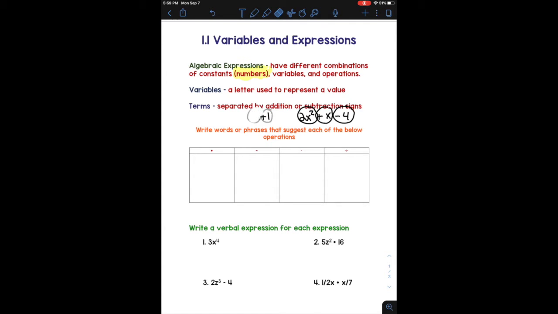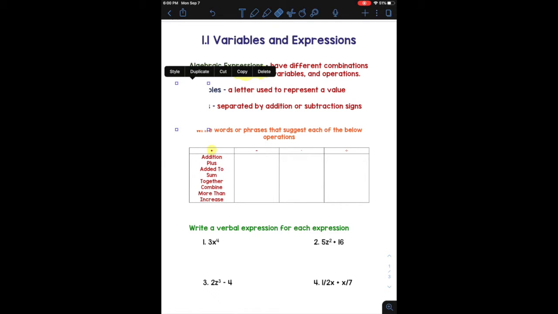The next thing we're going to talk about are just the words or phrases that we could use that suggest each of the following operations. We have this first sign here, which I think is the most common operation probably we have in math, and that is going to be our addition sign. So we have the following words here that describe that operation.